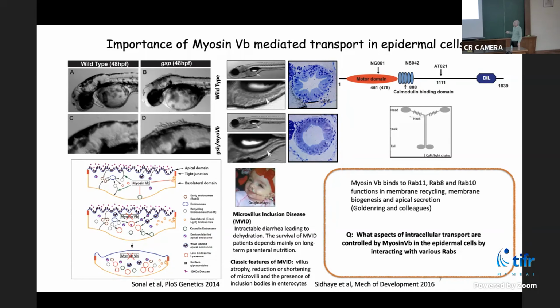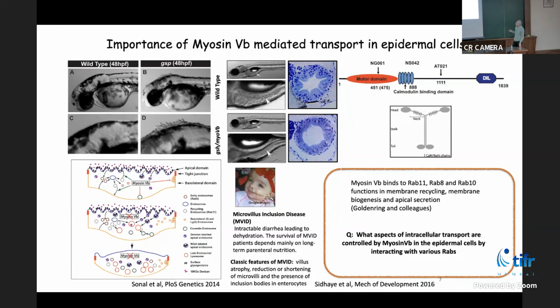Eventually what we figured out is that the goose pimples gene is myosin 5B, and this is a motor which walks inside the cell carrying cargoes. These cargoes are vesicles which are destined to go towards the membrane.